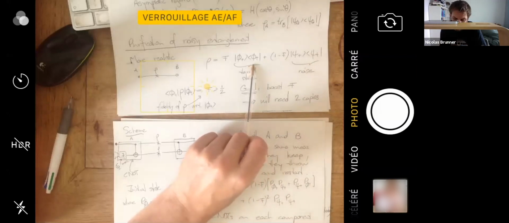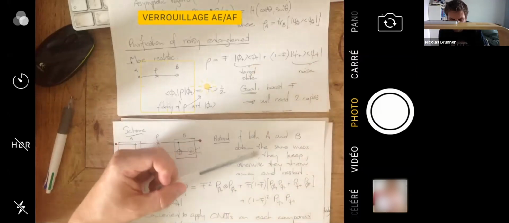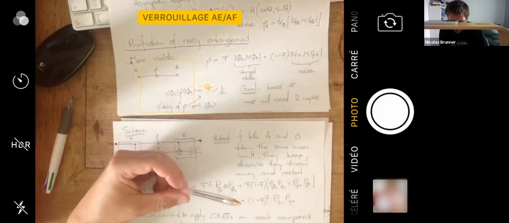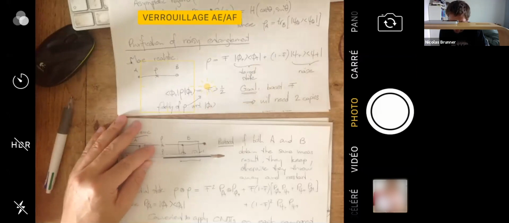However, in experiments, you never have pure states, but you also never have non-full rank states. You will always have a noise that is sort of isotropic, that spans the whole Hilbert space.